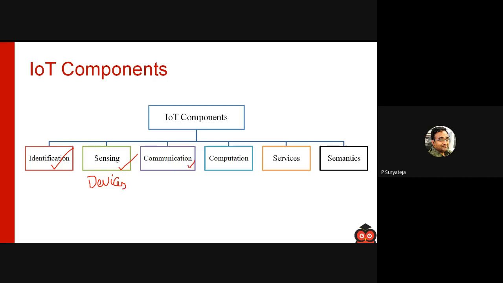Then we have the communication aspect, and then we have the computation that should be done on the data gathered by sensors, and then there will be different services that are provided by the IoT system, and finally there is semantics. I will talk about semantics in the next slide. So these are the 6 IoT components.